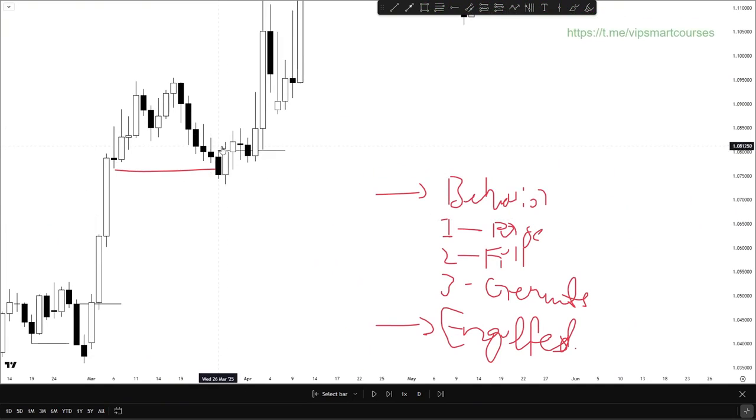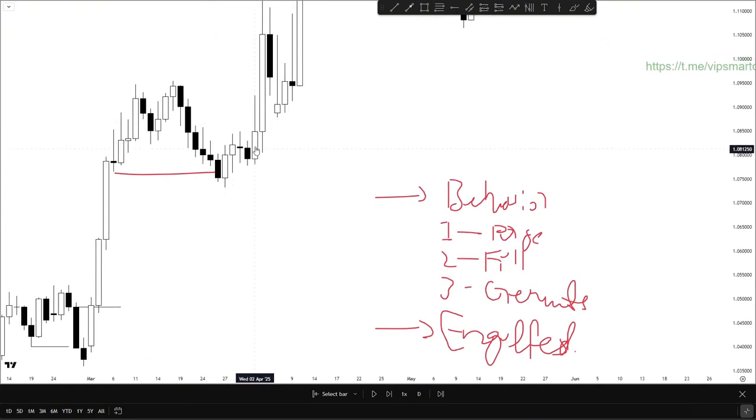Okay, and then after that point on, you can see that price also closed above these two candles as a whole. So now you can say that these two candles together filled liquidity. So then at this point, once price closed above these two candles as a whole, you would have chosen these two candles as an order block.